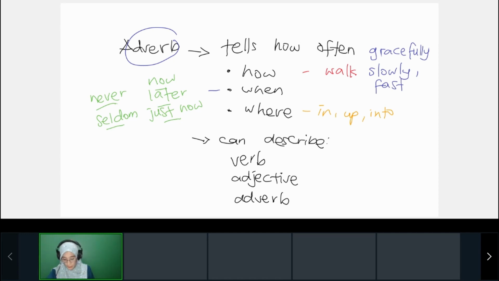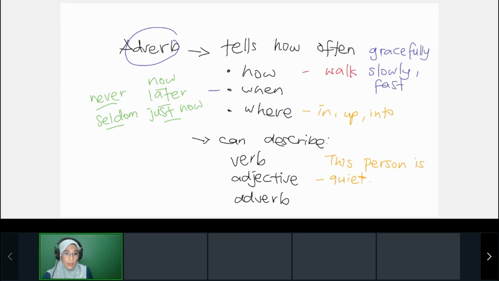For example, let's say quiet. Quiet is your adjective. So maybe you could say this person is quiet, but you want to make it more interesting as well.